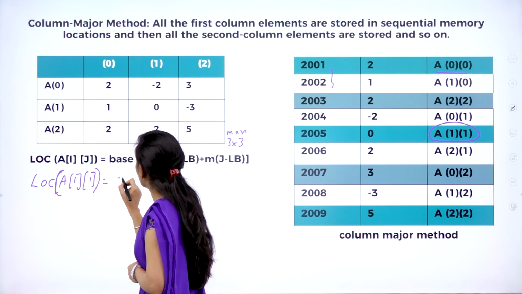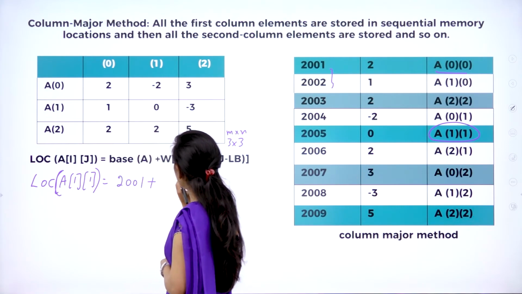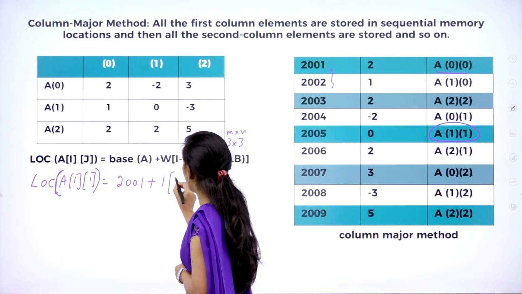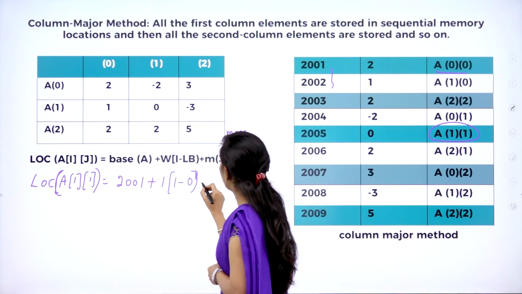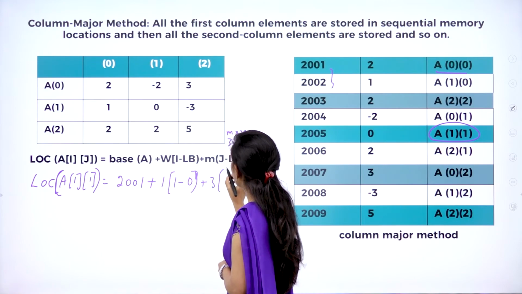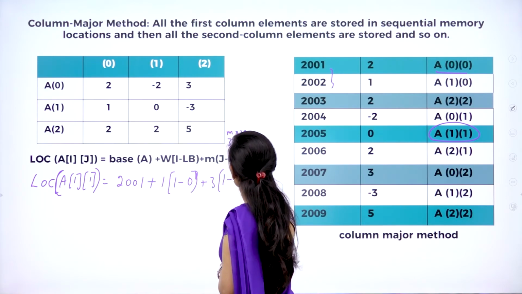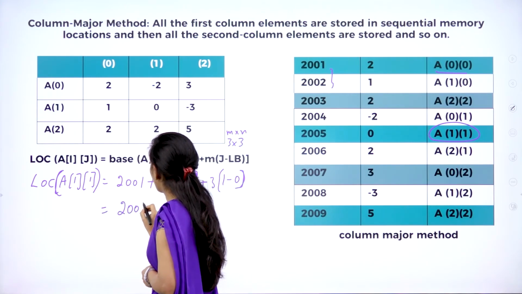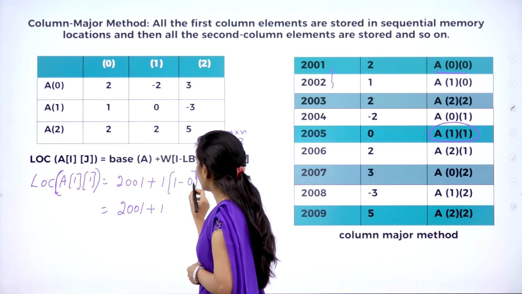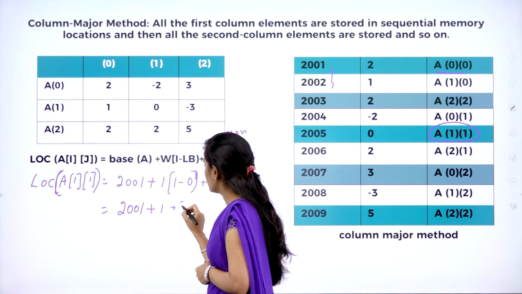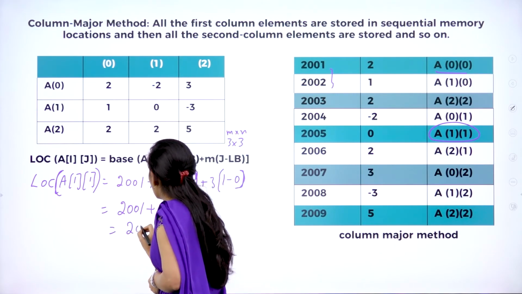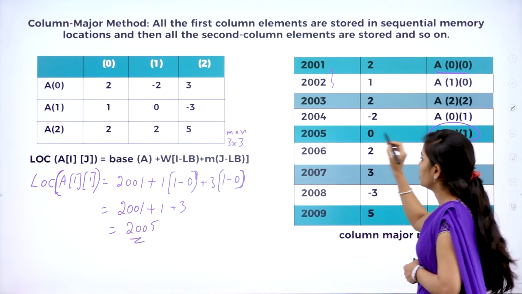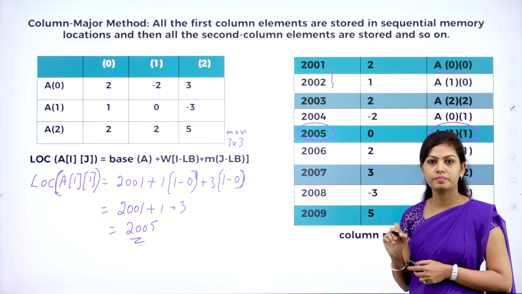The base address is 2001 plus W, the width of the element, which is 1, times I value 1 minus LB 0, plus M value 3 times J value 1 minus LB value 0. So 2001 plus 1 into 1 minus 0 is 1, plus 3 into 1 is 3, that is 2005. 2005 is the address of A of 1,1. Very simple.